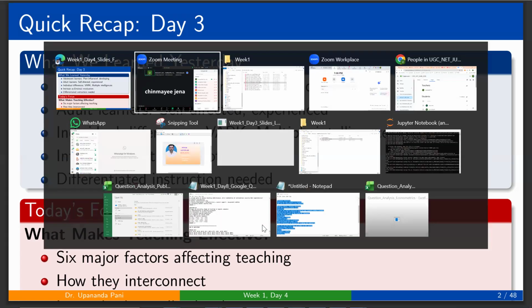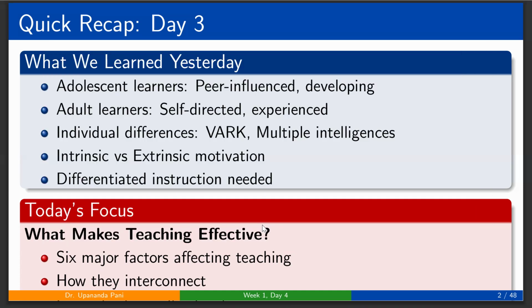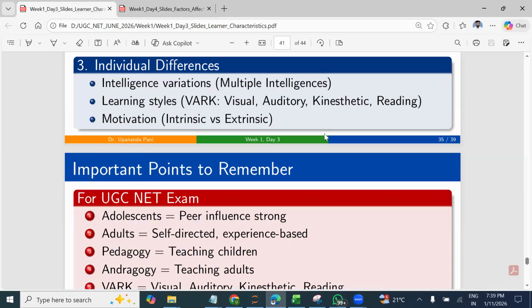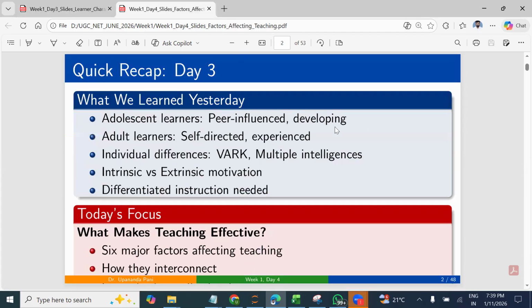Are you sure, reading, writing? Chinmay, who will tell? Let us see. Chinmay is correct. Visual, auditory, kinesthetic, reading. Okay. Thank you all. Sapna, I think she has also rightly written.